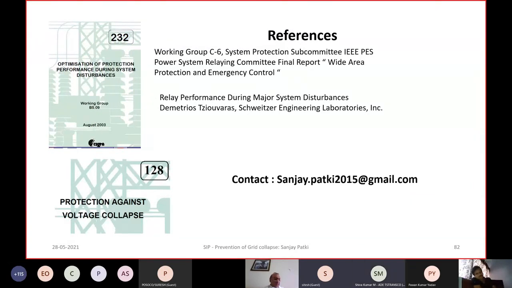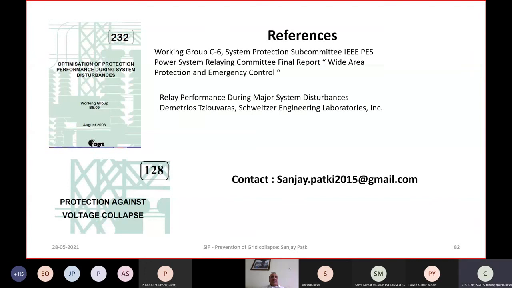Actually, that's why many utilities do not prefer it. Though you may have very high speed detection of the fault and the relay may issue a trip command, we should keep sufficient time delay even on the instantaneous protections, so that you don't interrupt the current during the sub-transient period.